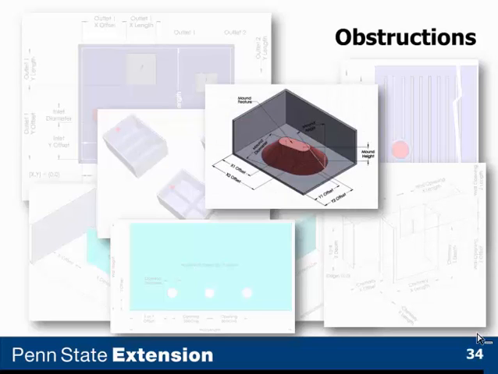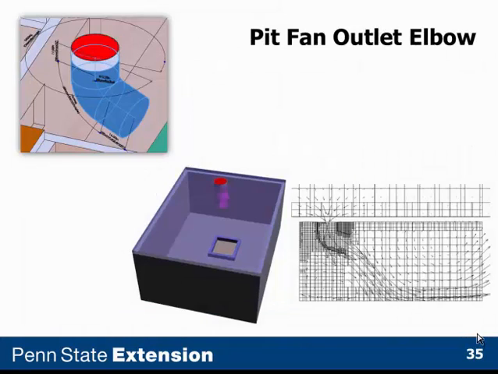And we talked earlier that you can include obstructions such as sand mounds, or you can use the obstruction feature to incorporate other obstructions if you wish. There's also a pit fan outlet elbow option that allows you to control the direction of the incoming ventilation airflow into the manure pit.